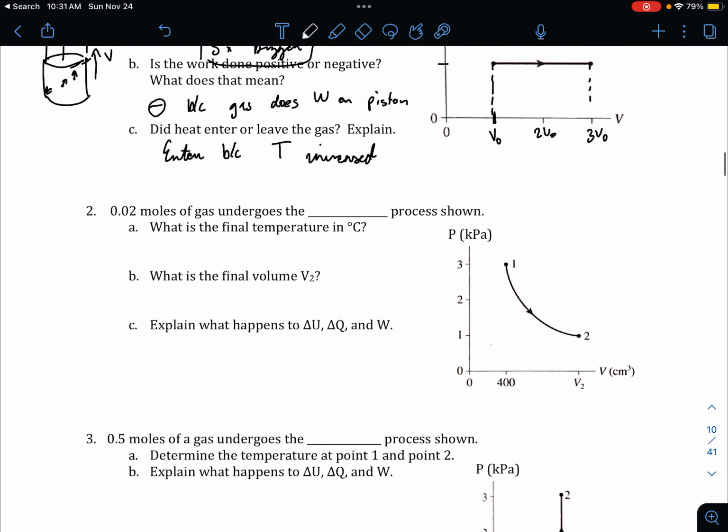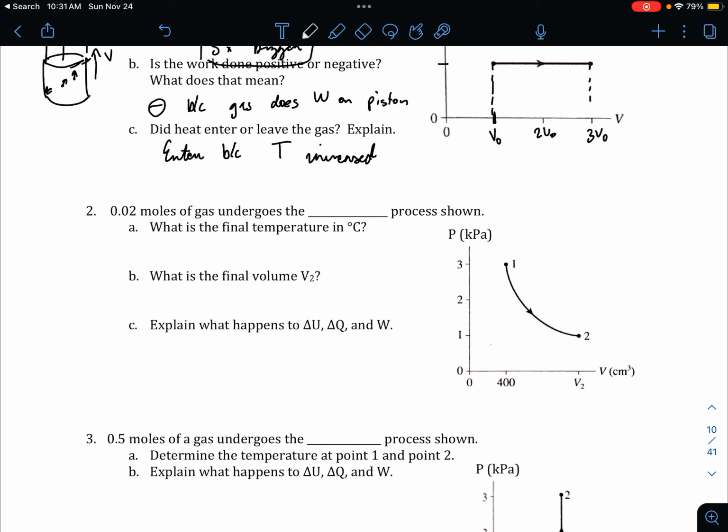So number 2, 0.02 moles of gas undergoes some sort of process shown. Now, as you can see, both pressure and volume are changing. We have a decrease in pressure, which results in an increase in volume. So it can't be isobaric because the pressure is changing. It can't be isometric because the volume is changing.